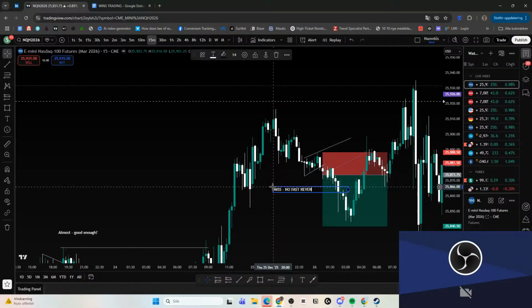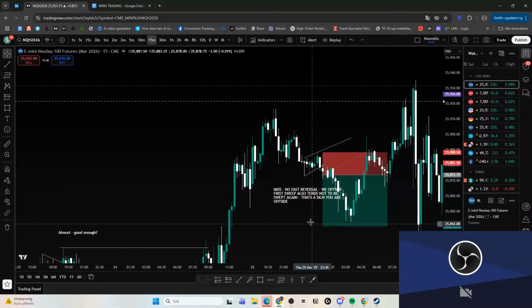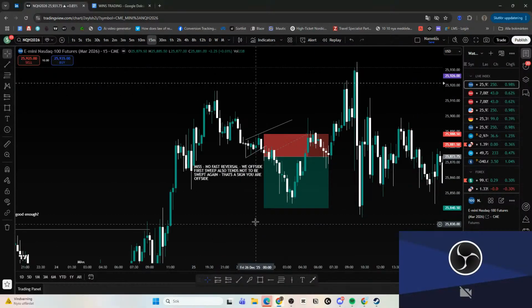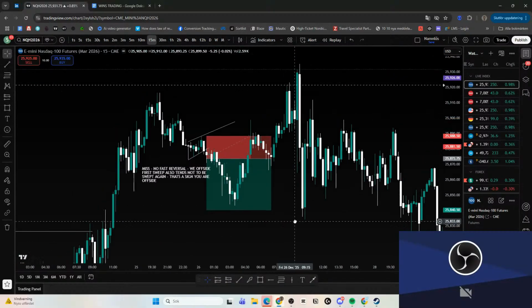No fast reversal, we're offside. First sweep also tends to be a sign.